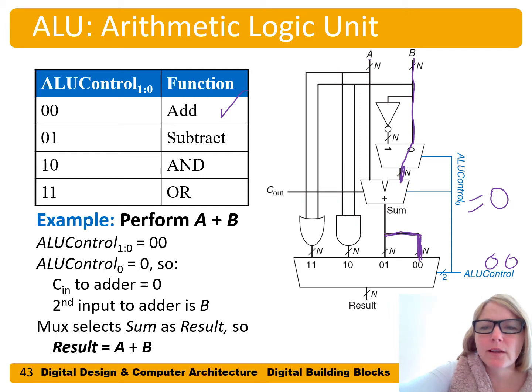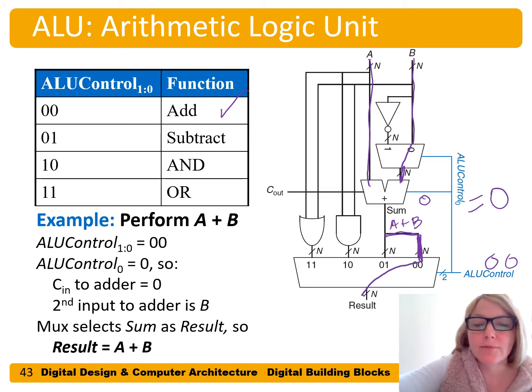And A is always fed into the other input of the adder. So A plus B, ALU control 0, so the carry in is also 0. So we get A plus B, and that's fed into our multiplexer, which selects that 0, 0 input and feeds that to the result. And we get result equals A plus B.